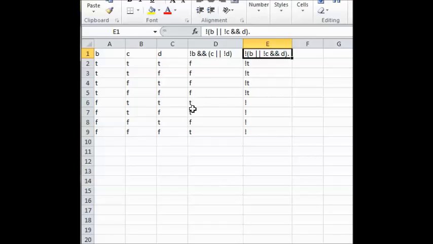Okay, D's true except for, is D true here? Yes. Is not C true? No. So that's false.